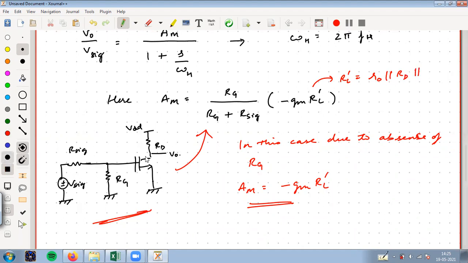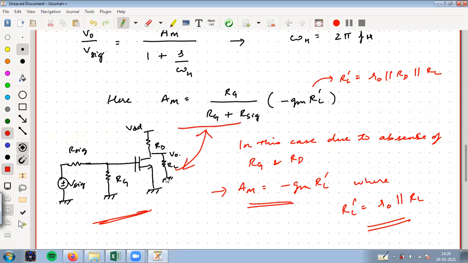If I have RL here, then I get RL also. But here we don't have RG and RD. Here my midband gain is minus GM into RL prime, where RL prime is R naught parallel RL. Remember, this gain pertains only to this circuit diagram.